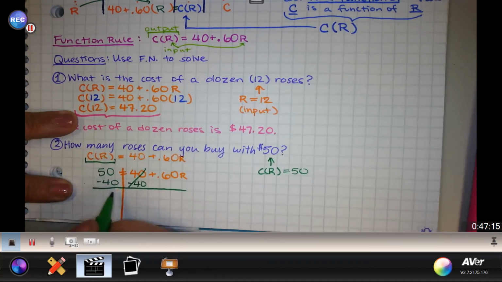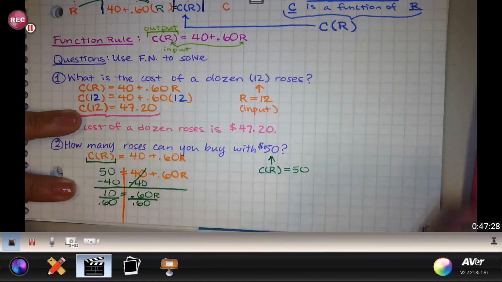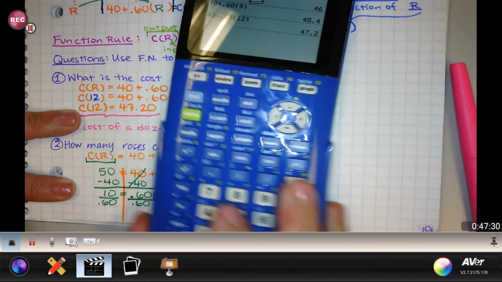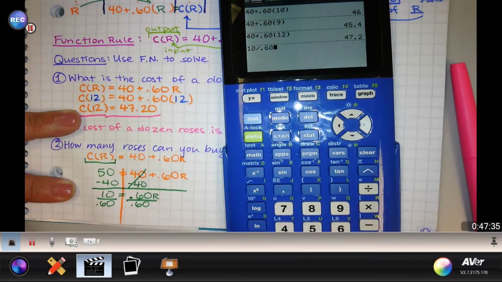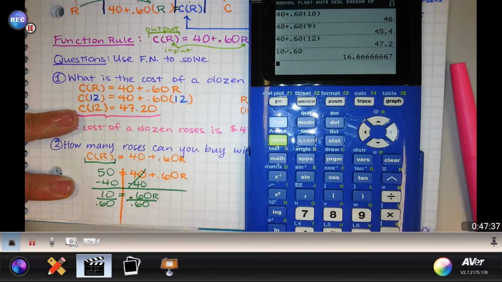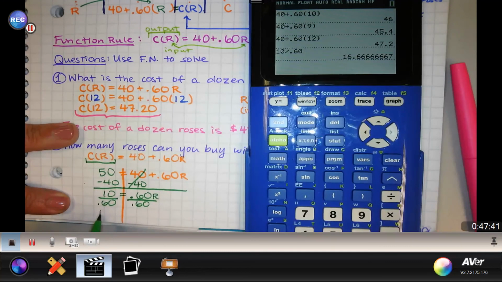And then 50 minus 40 is 10 equals, and then that's gone, so I just have 0.60 R. And then these are being multiplied, so I do the opposite and divide by 0.60. And I actually do need a calculator for that one. What is 10 divided by 0.60? Oh, 16.6 repeating. So 16.6 repeating equals R.